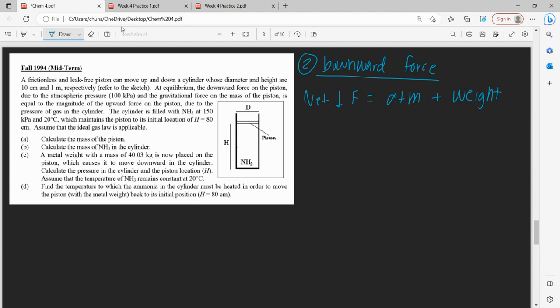So if we do this, this will equal 100 kilopascals, and we want to multiply it by the area of our piston once again.